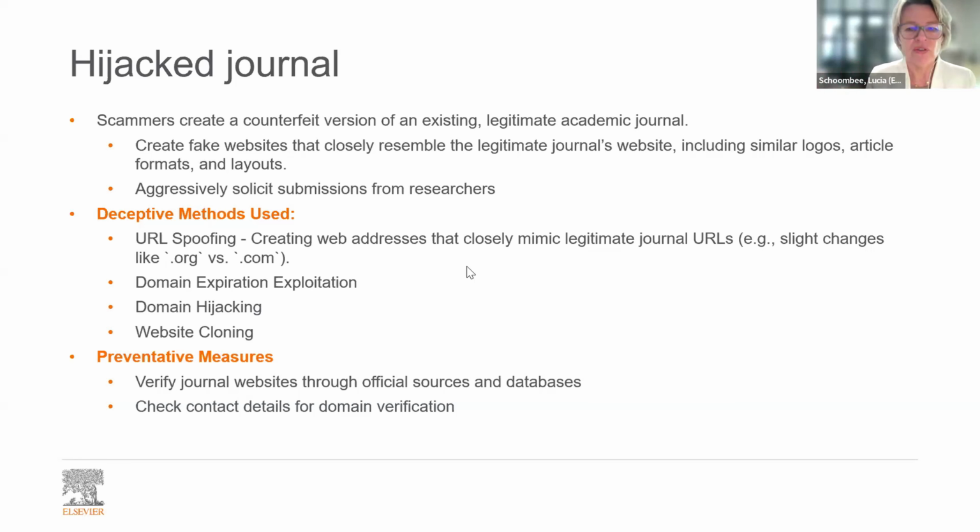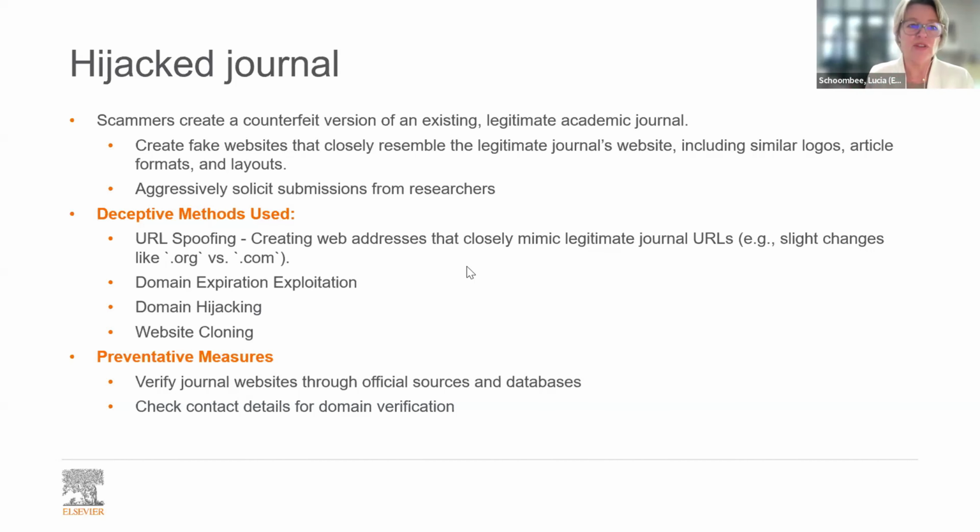Why I'm saying a hijacked journal is similar to a predatory journal is because the objective is also to make a profit fraudulently. And also it entails the entire journal. We'll look at some other ethical issues that are unethical, but they don't involve the entire journal. It's like articles in the journal, but not the entire journal.